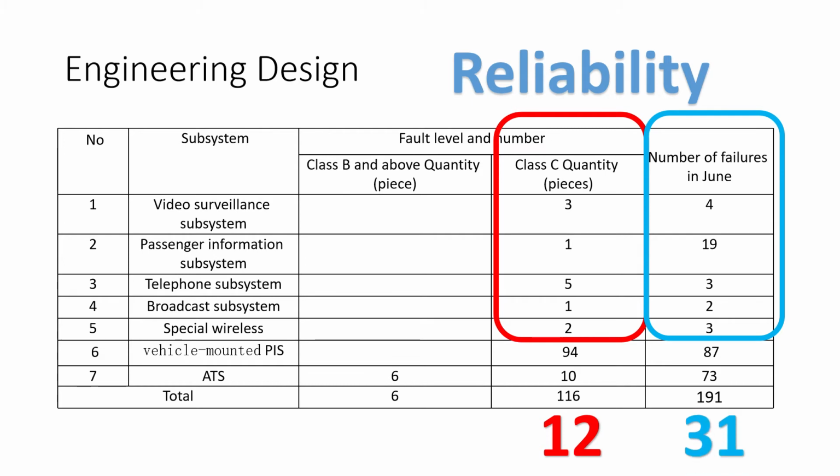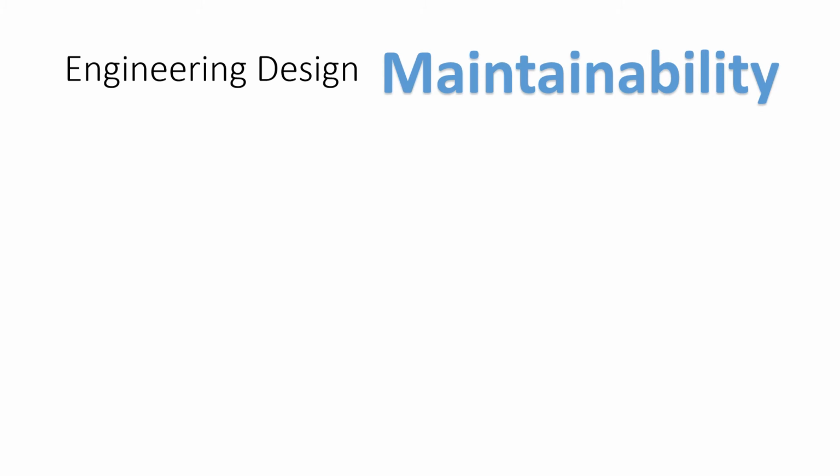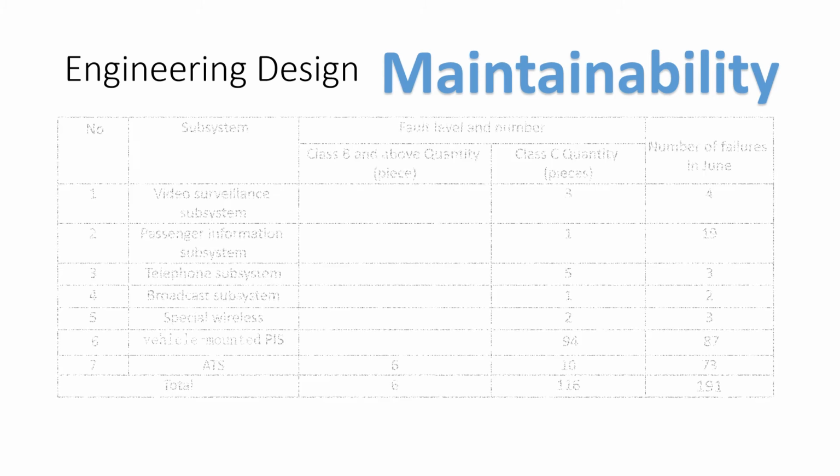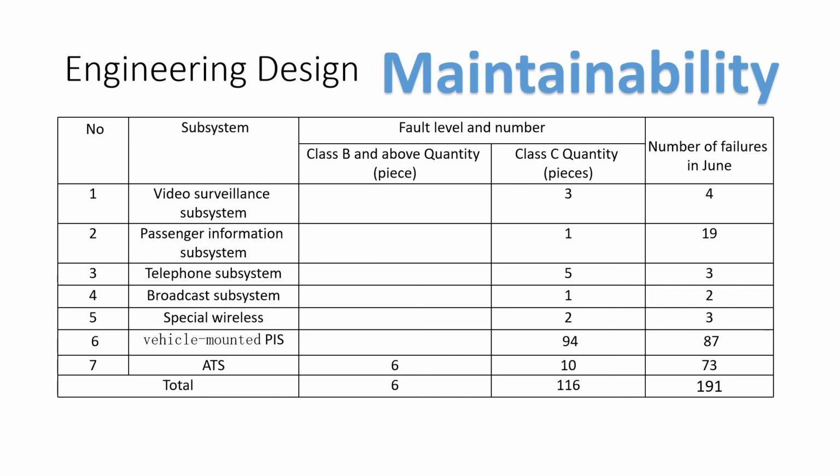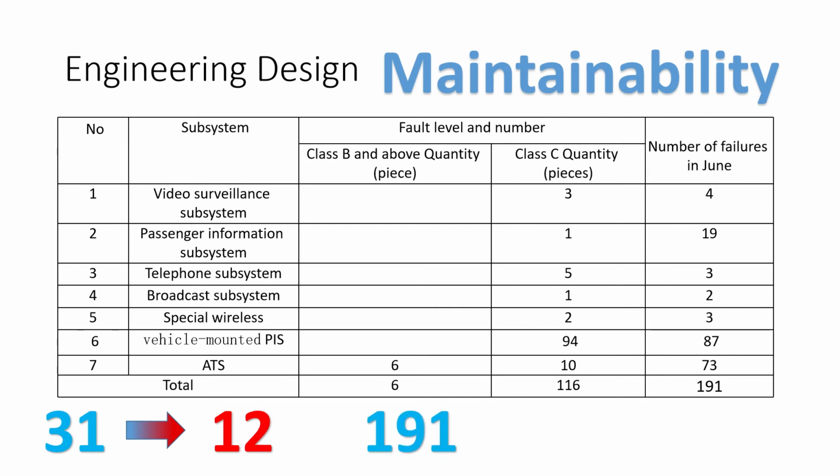Okay, so that's the maintainability of this subway. As the table showed, the number of hours reduced in July. You can see from 31 to 12 in the communication system, and from 191 to 116 in total.